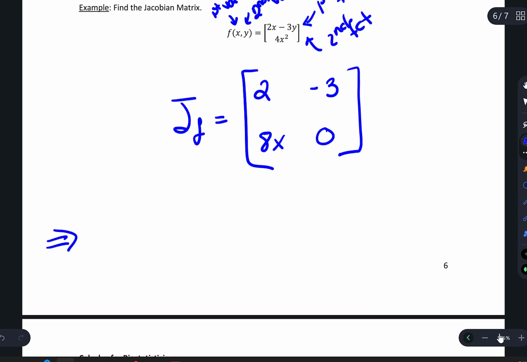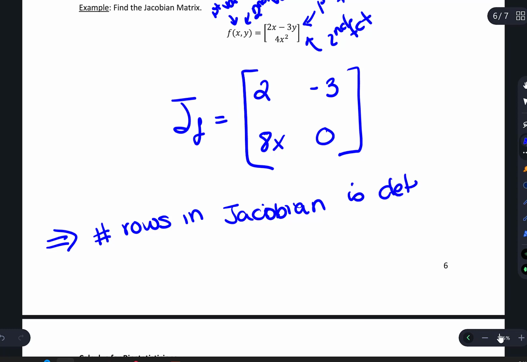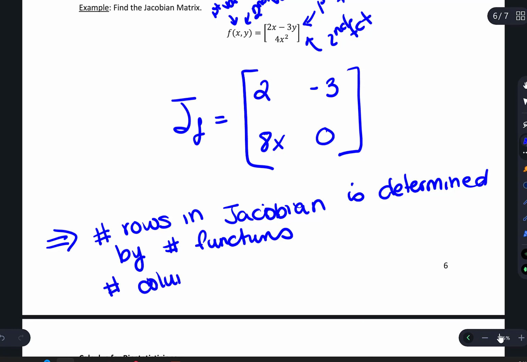So therefore, the number of rows in the Jacobian is determined by the number of functions, and the number of columns is determined by the number of variables.